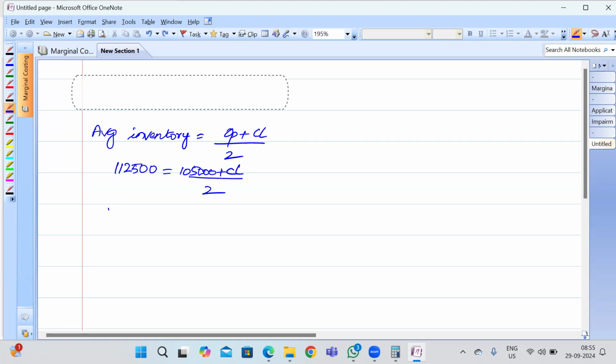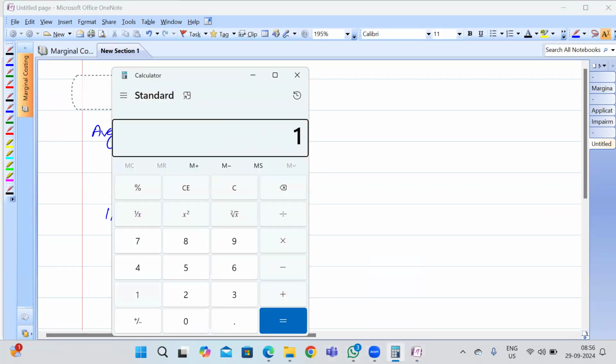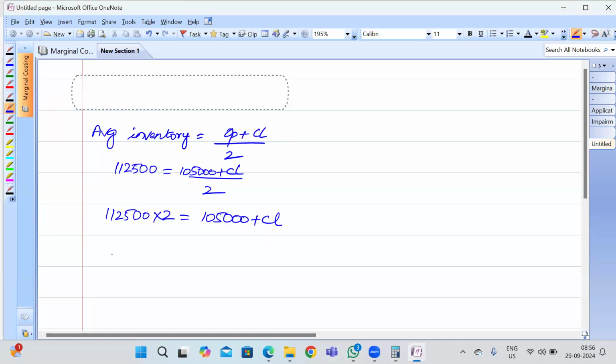So 1,12,500 into 2, that is 2,25,000, is equal to 1,05,000 plus closing inventory.